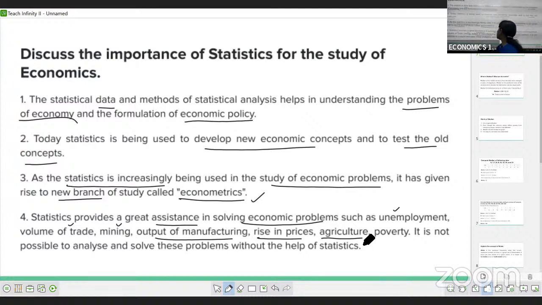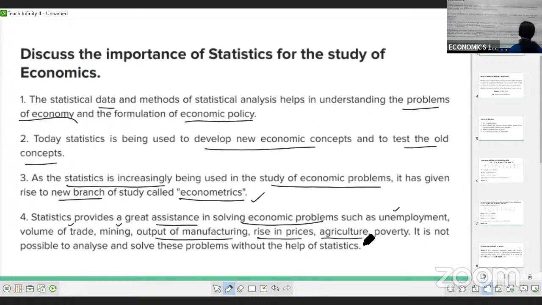So this way statistics is helping in economics. I hope it's clear to all. This is the most important for the SAQ.